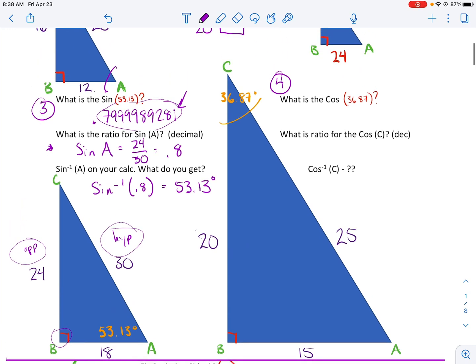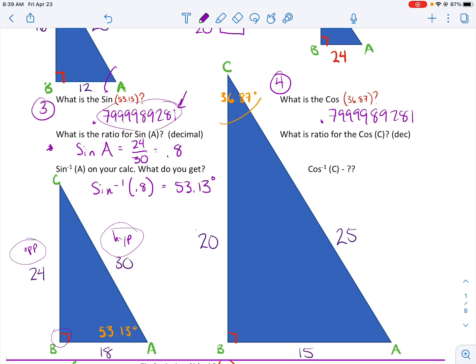It says, what is the cosine of 36.87? So, cosine of 36.87. What am I getting? Lo and behold, 0.79999898281.